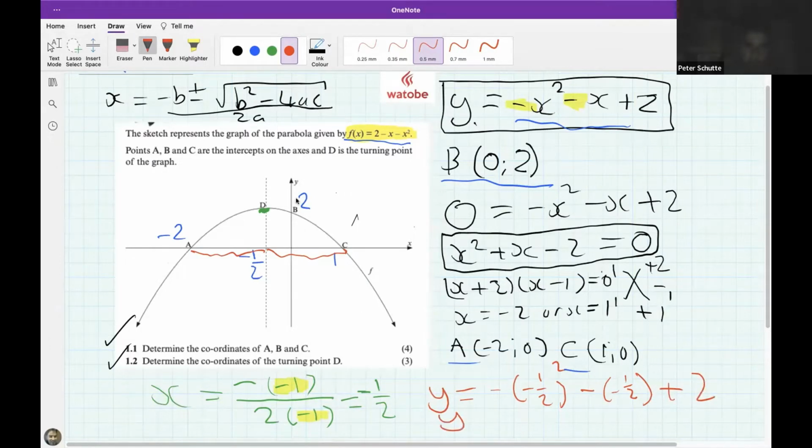I want to see who else has got 1.25. So we get -1/4 plus 1/2 plus 2.